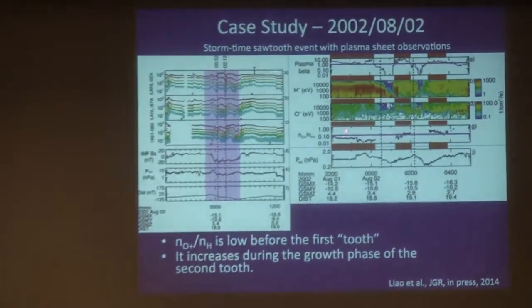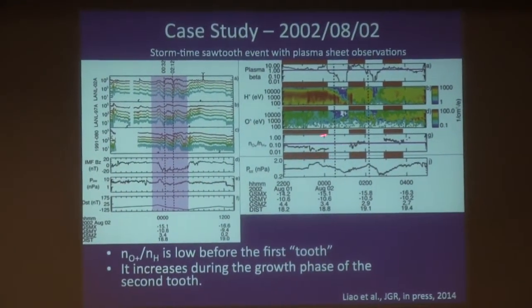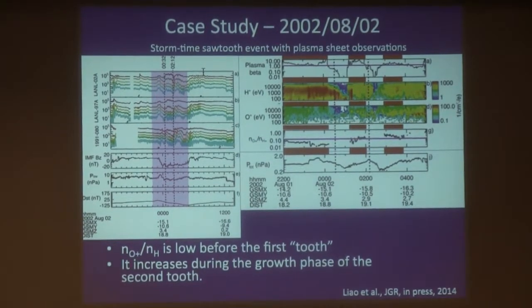But what we find is that the oxygen to proton ratio is low prior to the first sawtooth, but then we do see the oxygen increasing prior to the second onset, which is what Brambles' model would suggest. Then the onset occurs and the oxygen is still high, and in this case we're not triggering an additional one after it. So there's some hint here that this simulation may be correct.